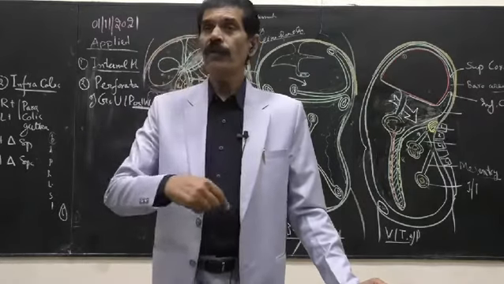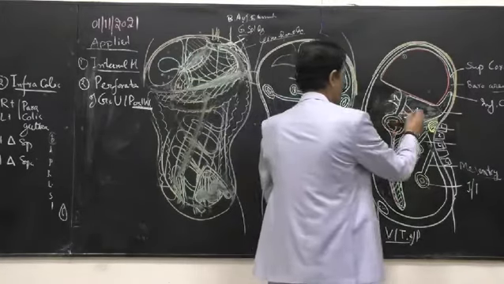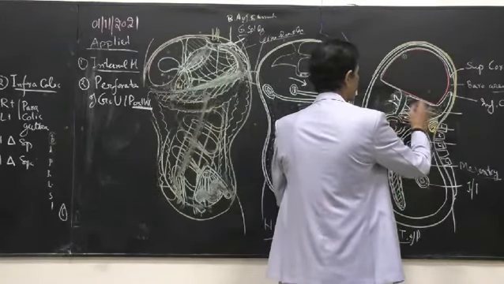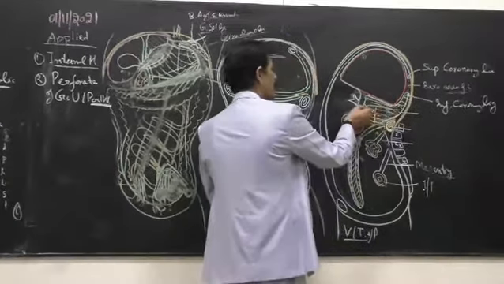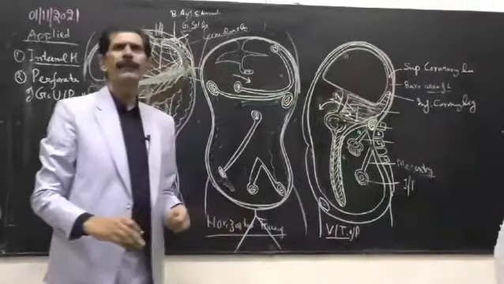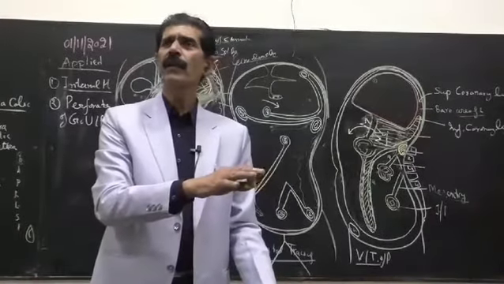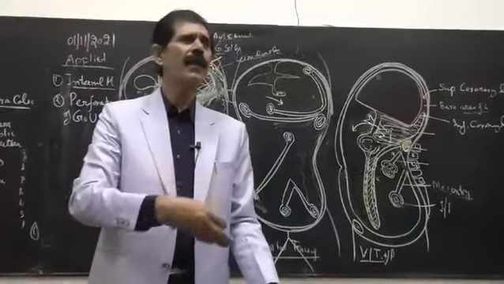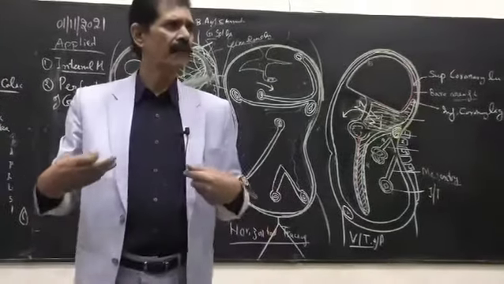When this whole lesser sac is filled with the acidic chyme and the pus and the bacteria, the recesses are also full. Now the same gastric content starts leaking into the greater sac. The patient is in pain, lying in the bed at home or at hospital, and the whole of this material is coming out of the foramen of Winslow into the whole cavity.